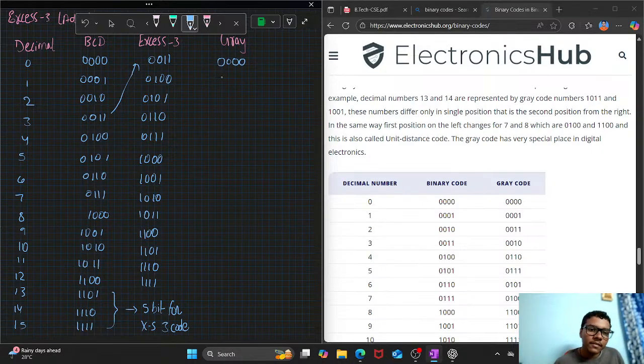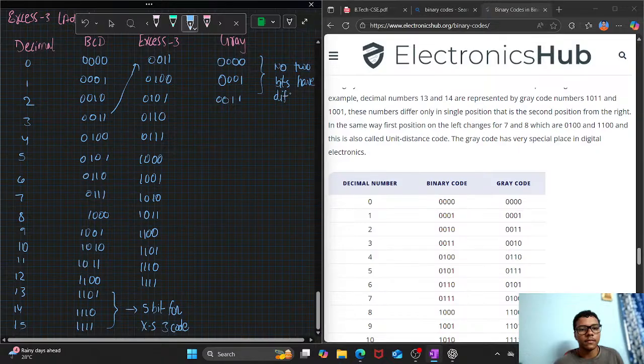For 1 you do the same: write 0, and add the 2 bits to get the next. 0 plus 0 is 0, and 0 plus 1 is 1. So this is the gray code. And if you look at this, no 2 consecutive codes have a difference of more than 1 bit.